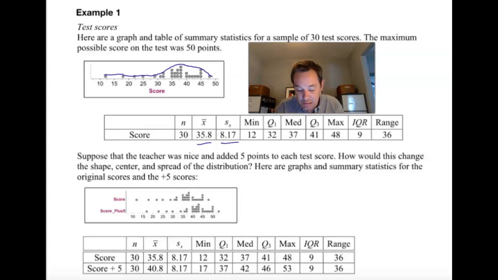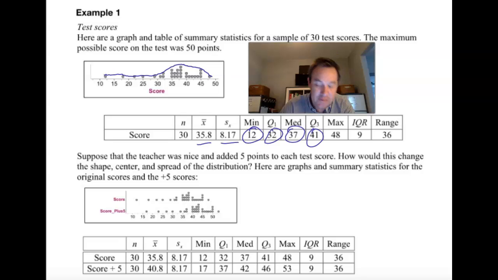Standard deviation was 8.17. Minimum score was 12. First quartile 32. The median score, meaning half of students above, half below, was 37. Q3, or the 75th percentile, is 41. High score, the max, is 48. We have an IQR, interquartile range, of 9 and a range of 36.